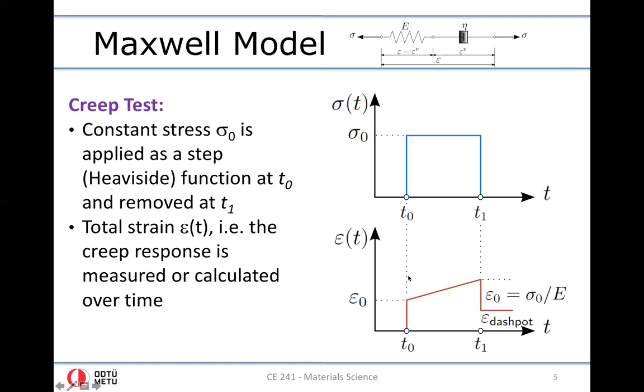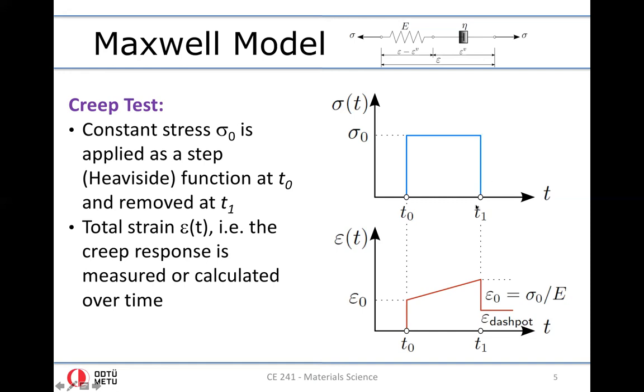And typically for the Maxwell model, at the instant when we apply the stress from 0 to sigma 0, we observe some instantaneous elastic response that is denoted by epsilon 0. And as the stress is constant, strain will evolve linearly with a constant rate.